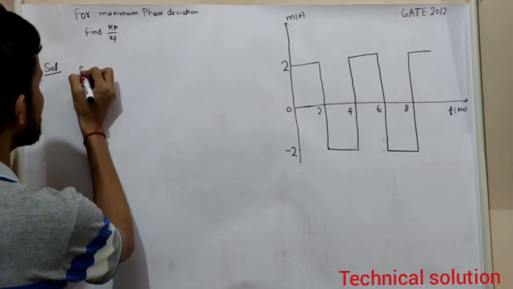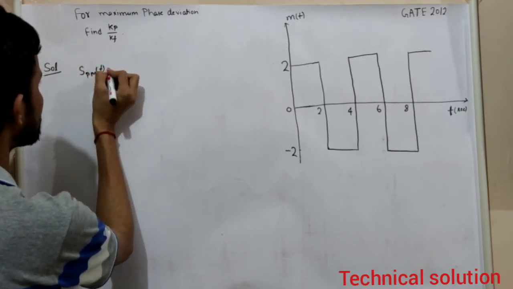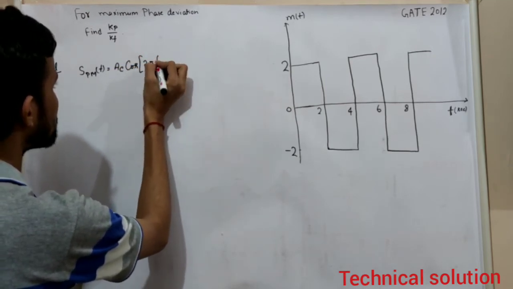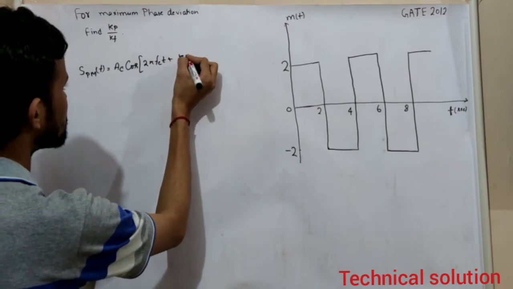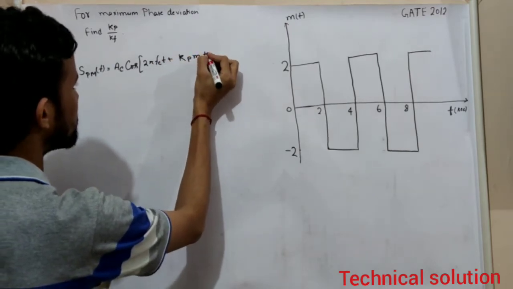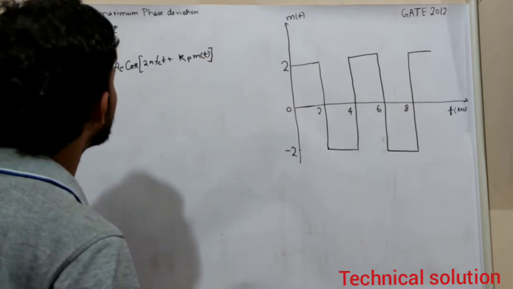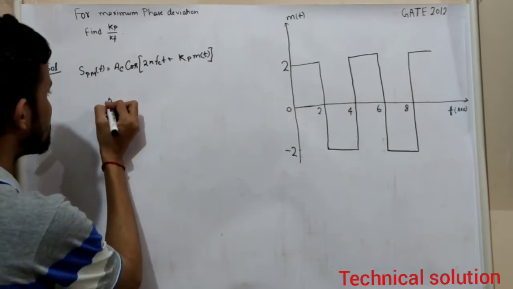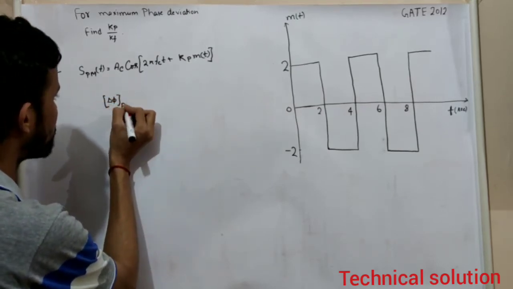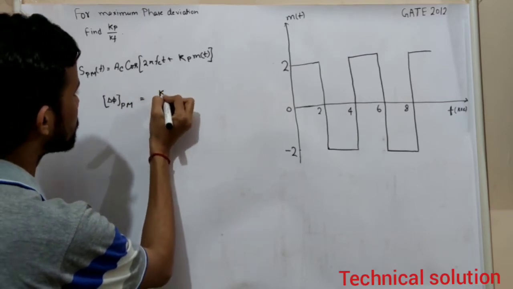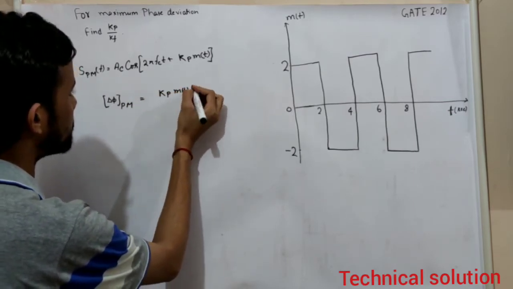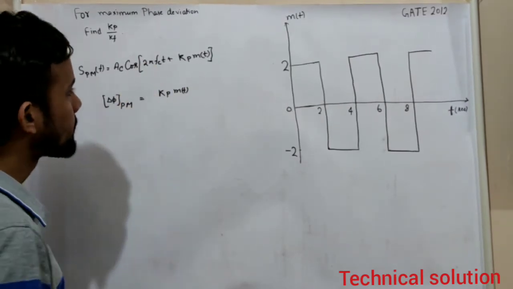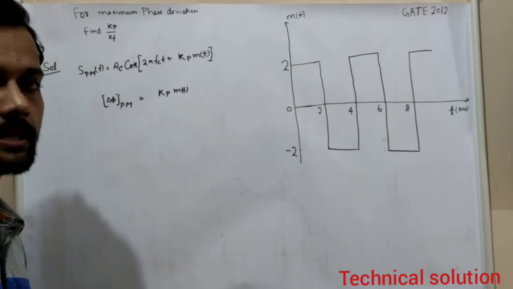The phase modulated signal s_PM(t) is given as Ac cos(2 pi fc t + Kp m(t)). Therefore, the maximum phase deviation of the PM signal is delta phi of PM equal to Kp m(t), and it is given that the maximum phase deviation of both PM and FM signals is the same.